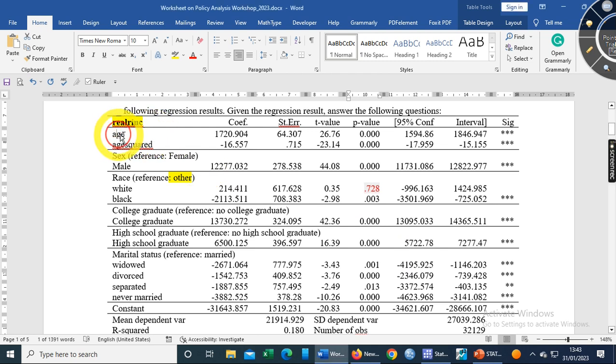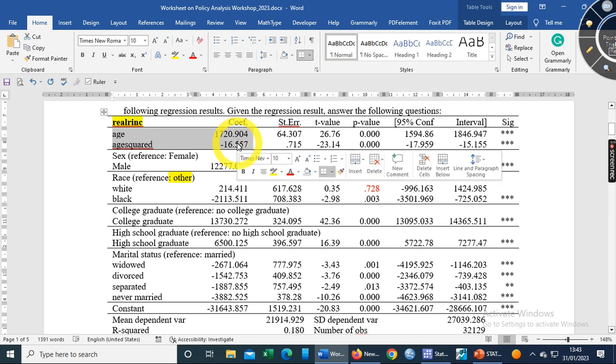From this, we understand that age and real income are not linearly related, rather it follows an inverted U-shape.